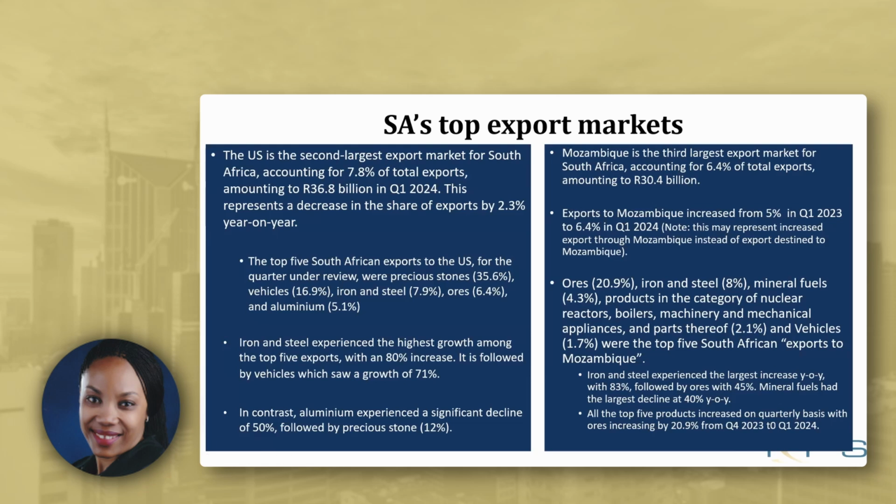Looking at the other top markets, in second place, the exports went to the US, accounting for 7.8% of the total exports, and the top 5 export products in the quarter under review, which is the first quarter, were precious stones, vehicles, iron and steel, ores, and aluminium.